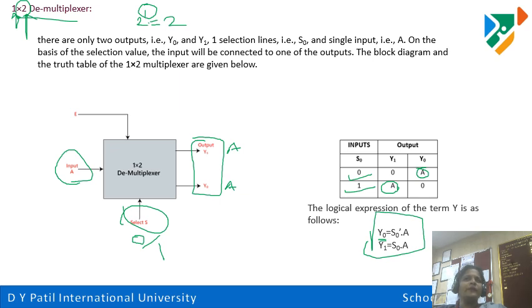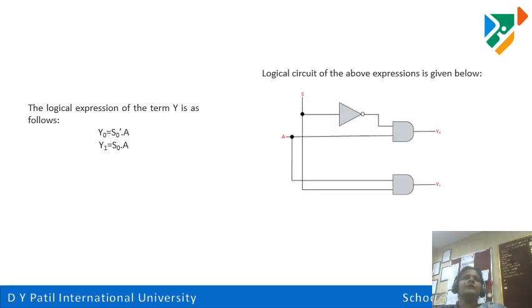So Y0 equals S0 dash into A. Similarly, for Y1, the select line is 1, so it is S0 with no bar, into the input A. That's how we write the equations. After writing the equations, we are expected to draw the circuit diagram. There are only two inputs: one of them is A, and another one is S0.